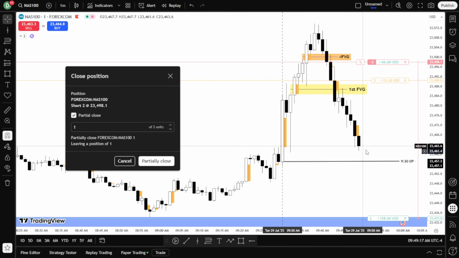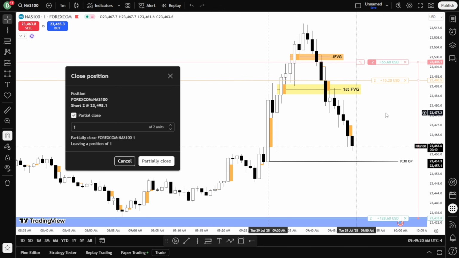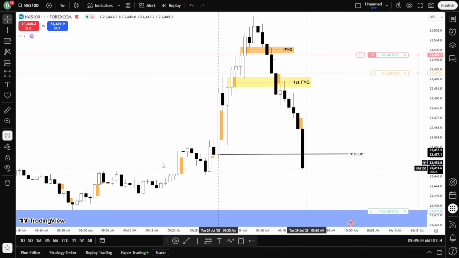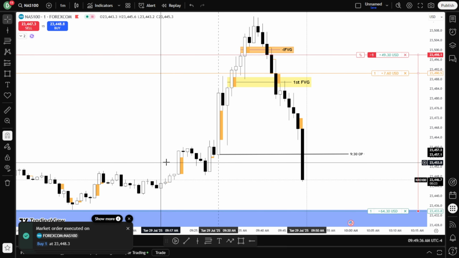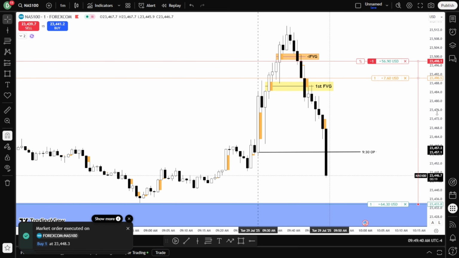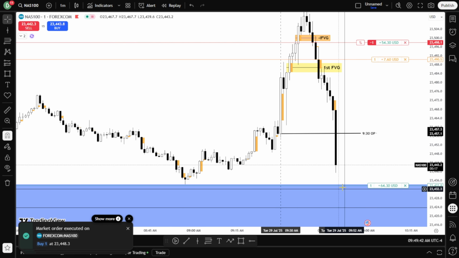Yes, let's see, 950 macro will start, and inside this 20 minutes of interval of time between 950 to 1010, look at that, I'm taking a partial right there. I've taken a partial, now only one is left, and let's see if it can quickly give us this.